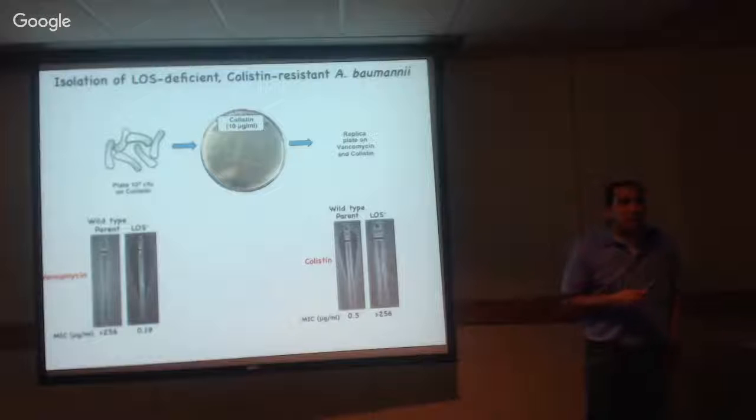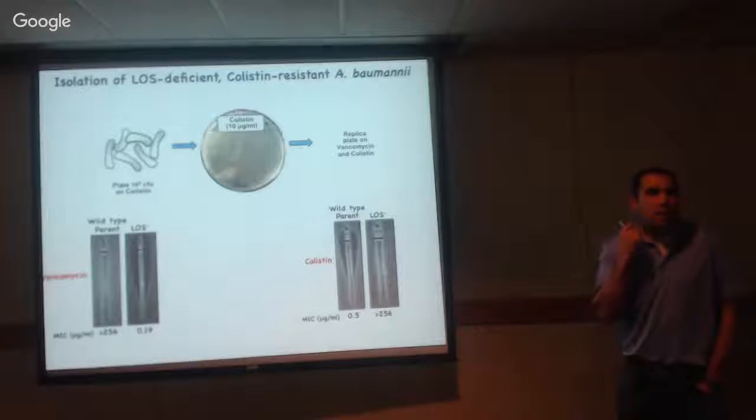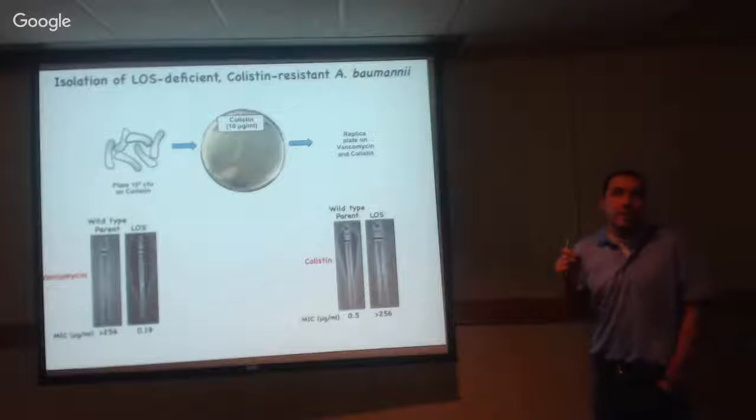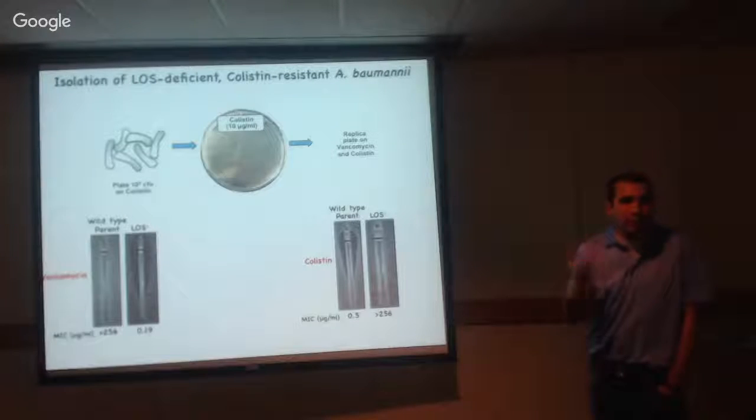So is this the only method of resistance? No, there are others, but this is the only mechanism of high level resistance. Clinical resistance to colistin is defined as an MIC above 4 micrograms per mil.